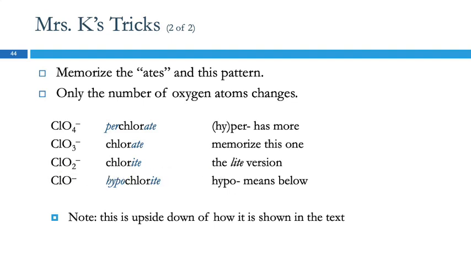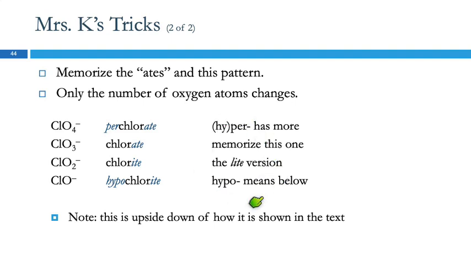Chlorite is the light version. Bud Light has a third fewer calories than regular Budweiser, right? Chlorite has a third fewer oxygens than regular chlorate. Okay? And then hypochlorite, this is one less than chlorite. So these prefixes have meanings, and we can attach meaning to the ite one, right?